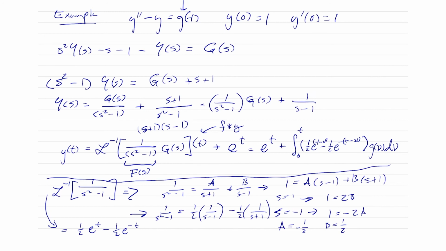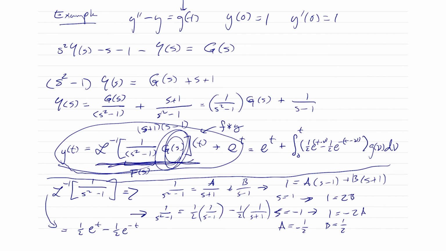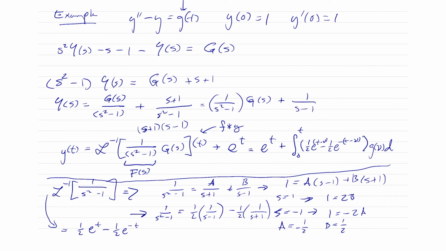Okay, so for an unknown g, if we don't know what g is, we can actually cook up a solution, and it is this. By taking a Laplace transform, we have this Laplace transform of g, and we just need to be able to invert whatever this is. The way you invert it is you come back and you do a convolution. And so you convolve the f with g, and this is what you get.